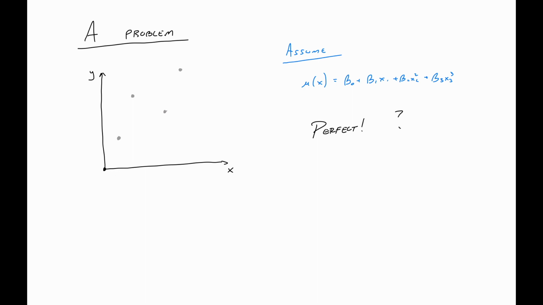When that's the case, and I go through this procedure of using least squares to fit this assumed model, I'll get a resulting model like this that has no error. So it's perfect. How could I go wrong? Well, this would go wrong exactly if more data was acquired and it looked like this.